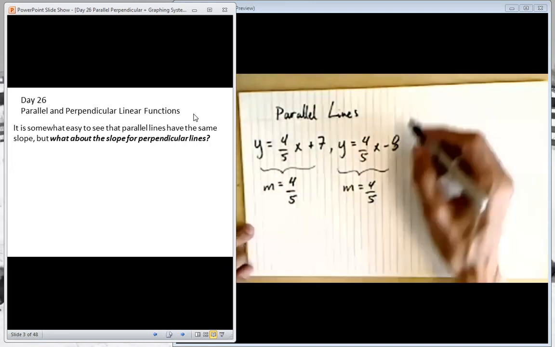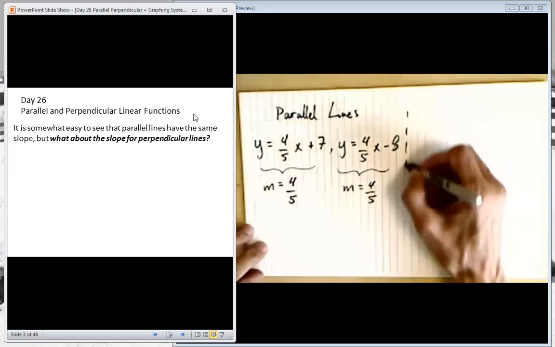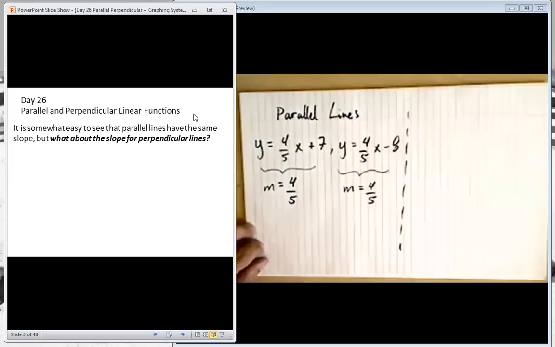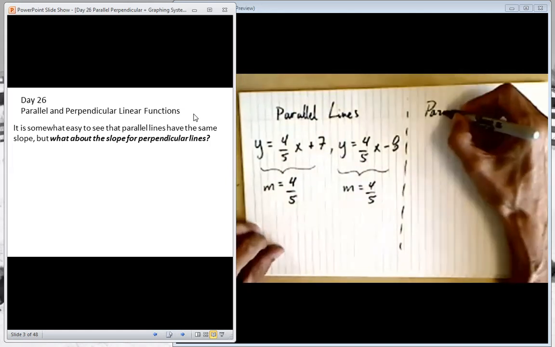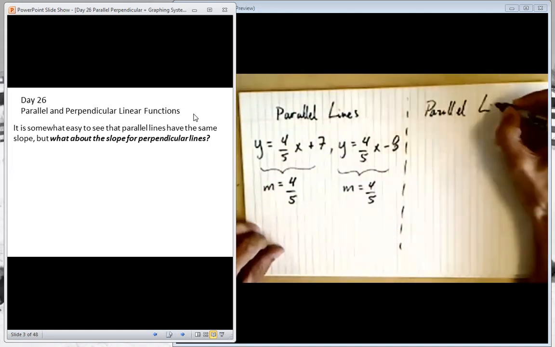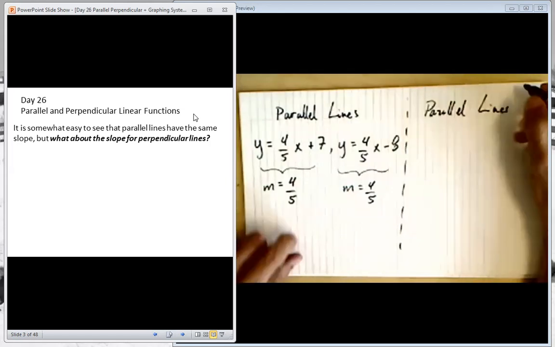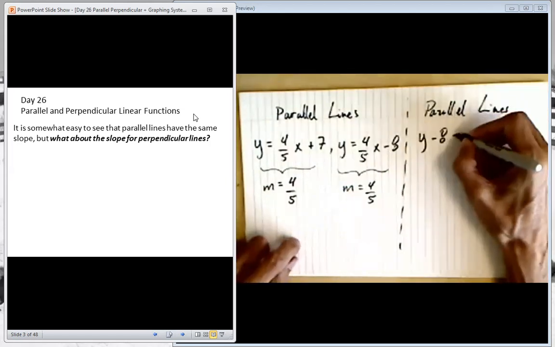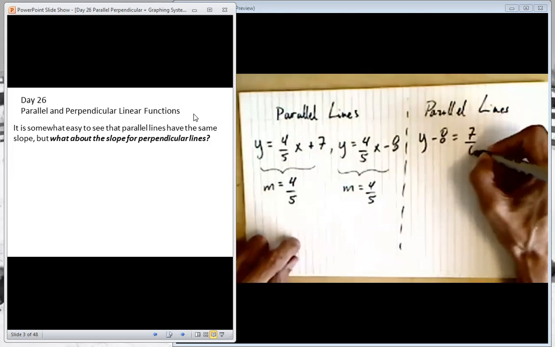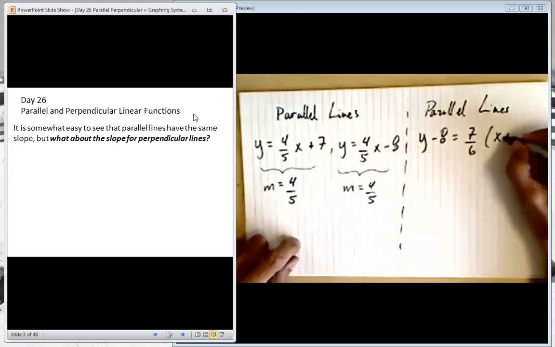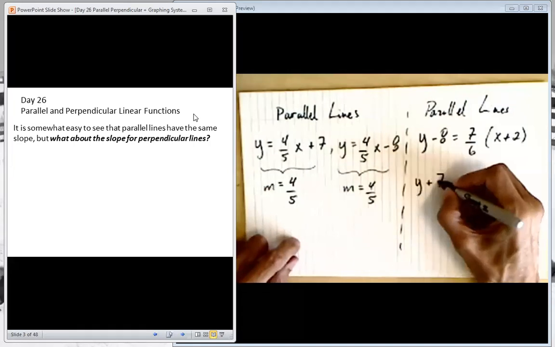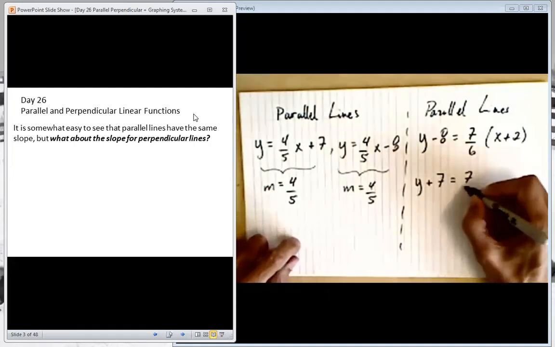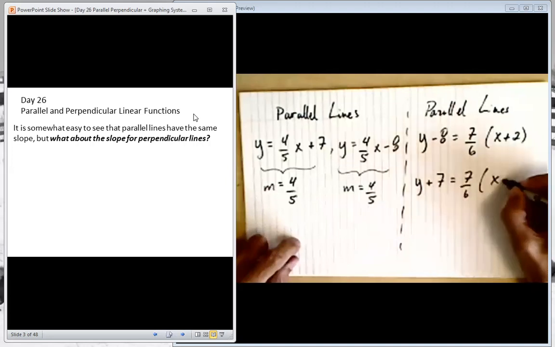How about these ones? Now, check out these ones. Different style, right? This was with the slope intercept. Check this out. Y minus 8 equal to 7/6 x plus 2. And y plus 7 equal to 7 over 6, x minus 1.